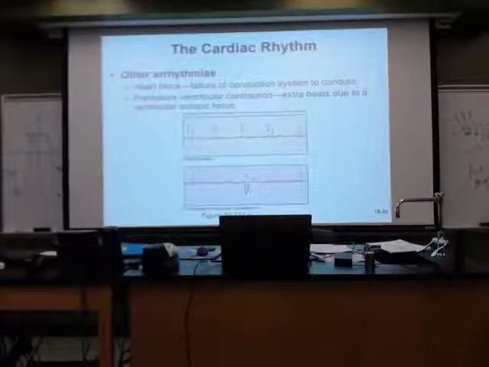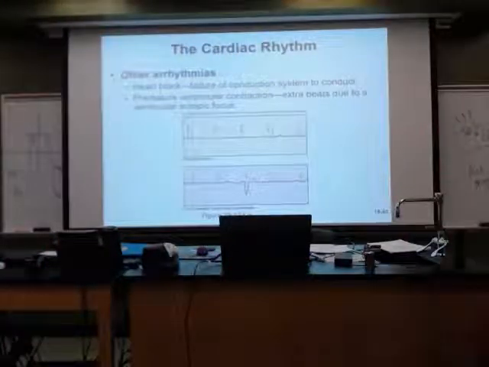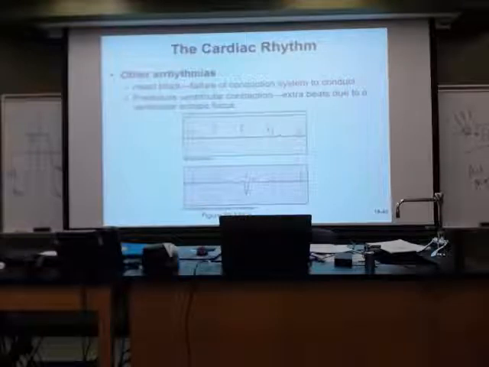When we look at some of the other problems that can happen and can be picked up by an ECG, we have one called heart block. This is one that you might hear on the shows and stuff like that.